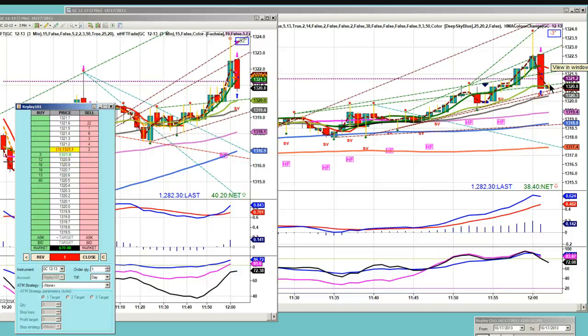You only need your 1 minute and a 3 minute, or a 1 and a 5, or a 30-second and a 1, or a tick chart, or your range chart and a 1. You don't need it for scalping, because you're doing what I call sniper trades.